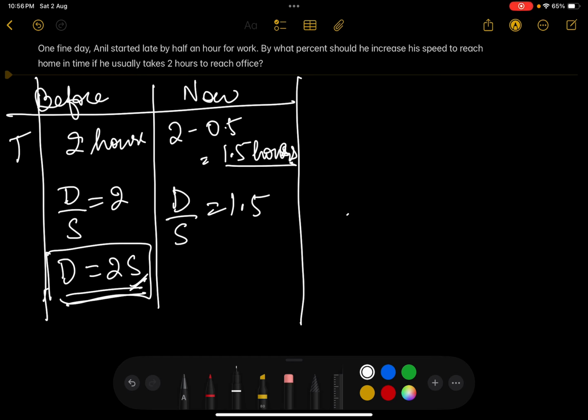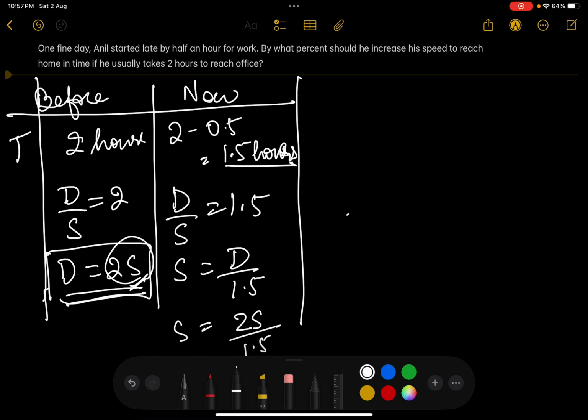So we can even substitute d in terms of s. Here also, since we know d is 2s, we can substitute it here as new speed is equal to distance by 1.5, correct? And distance was nothing but 2s, correct? New speed is equal to 2s by 1.5.